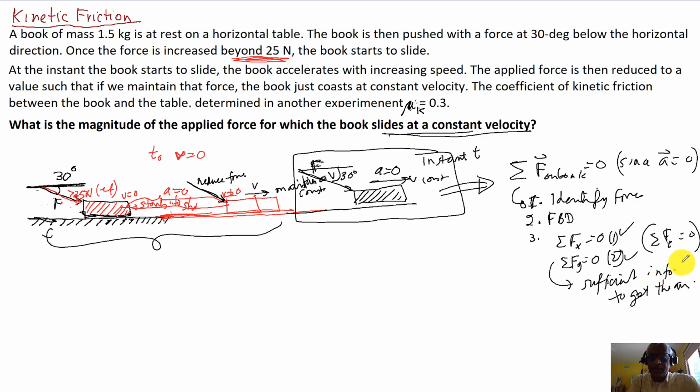All right. Third thing we need to know here is that it is sliding. So book and table, the surface is not at rest, it's sliding. If it's moving in that way, then opposite of that will be kinetic friction.